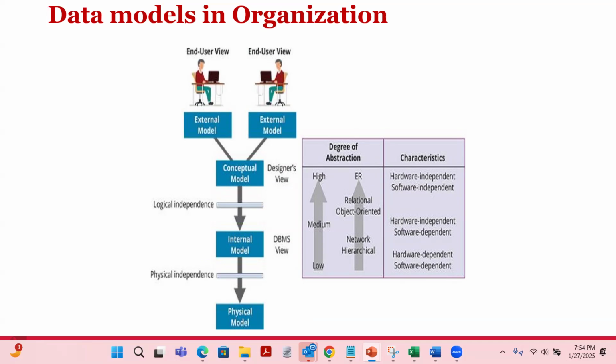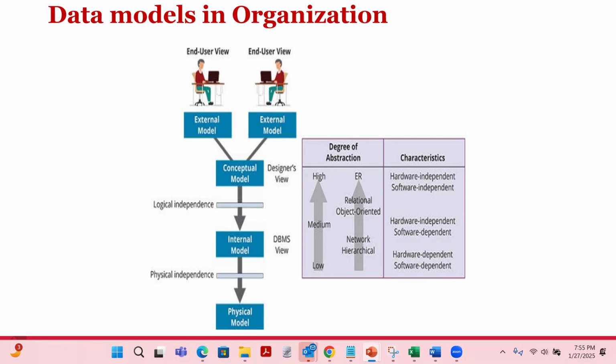Further down, we have an internal data model. The internal data model is the model that has the actual database on it. So that is a view of your database management system. And on the very bottom, we have a physical data model that has the lowest level of abstraction.